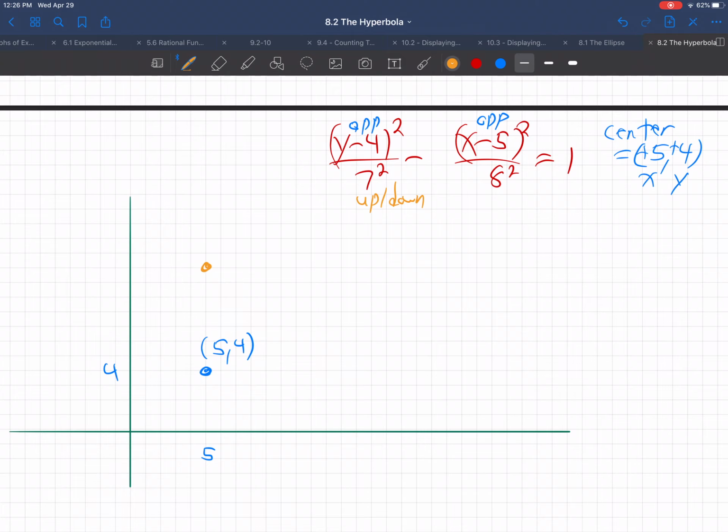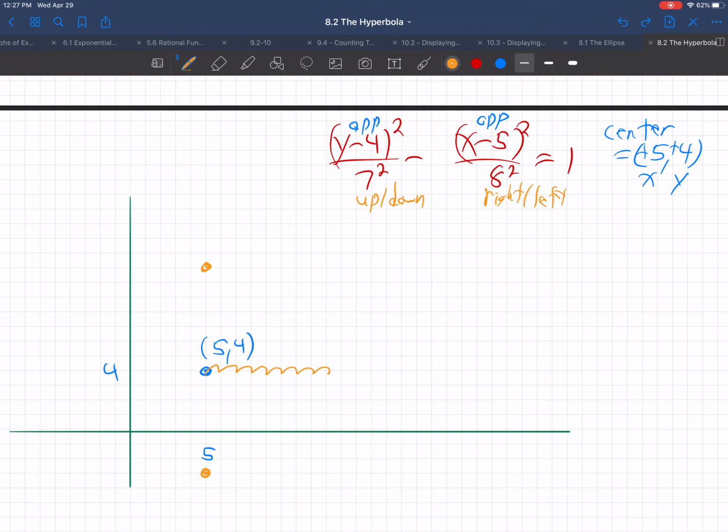And then down 1, 2, 3, 4, 5, 6, 7, right to there. So up 7, down 7. And whatever's underneath x is always right, left. So I'm going to go right 8: 1, 2, 3, 4, 5, 6, 7, 8. Right there.